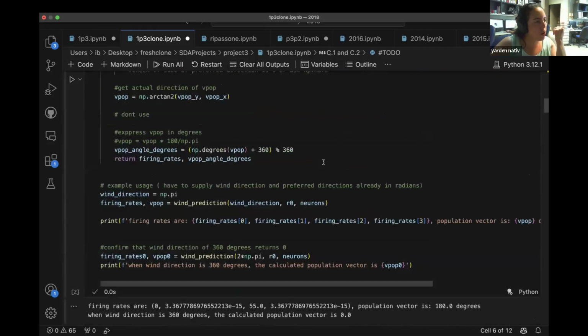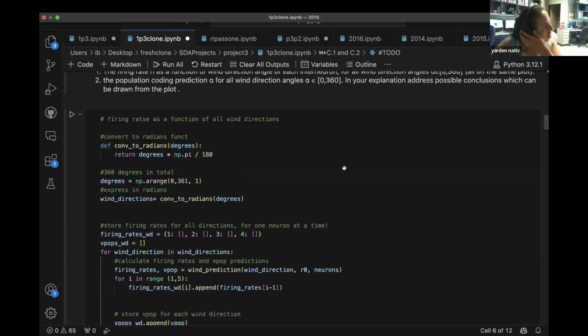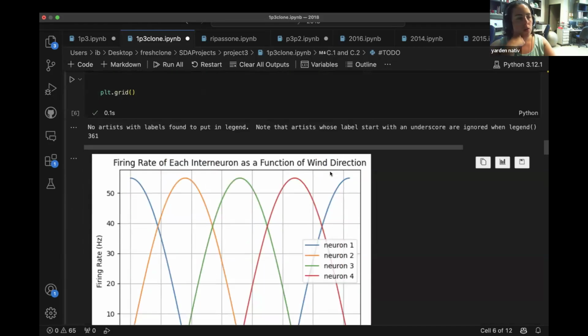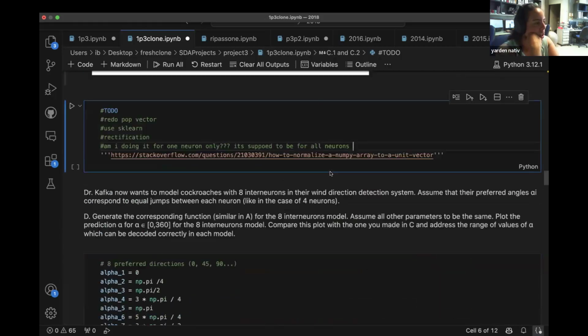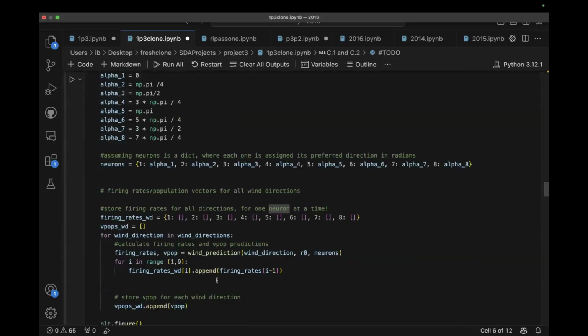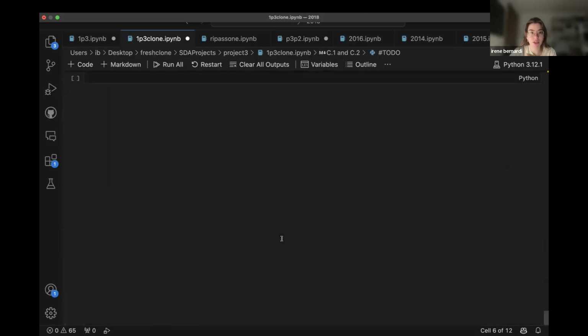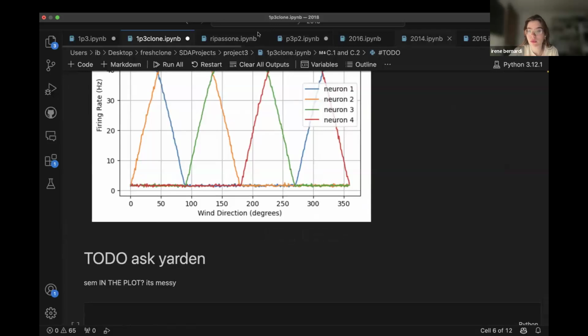But when you decode, when you want to decode what the prediction is, then you need all the neurons and not only one of them. And I think that this might be the mistake here. Okay.